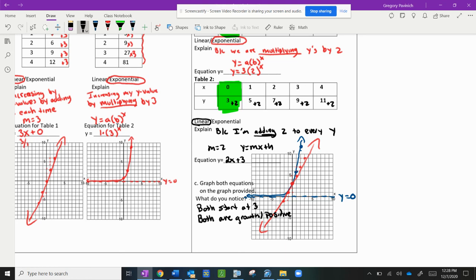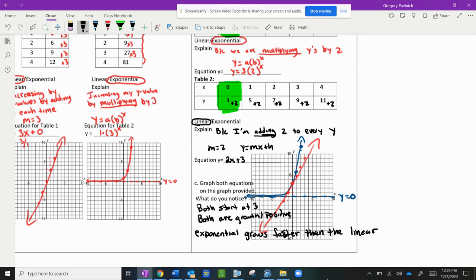And I also know my exponential grows faster than the linear.